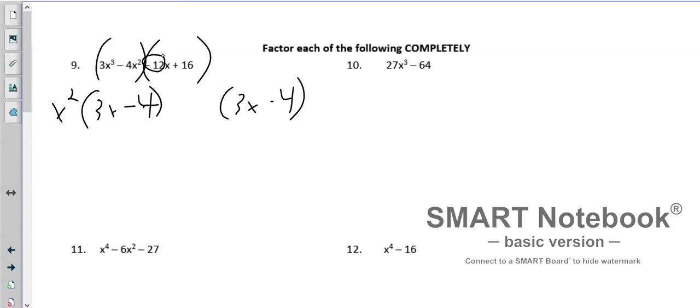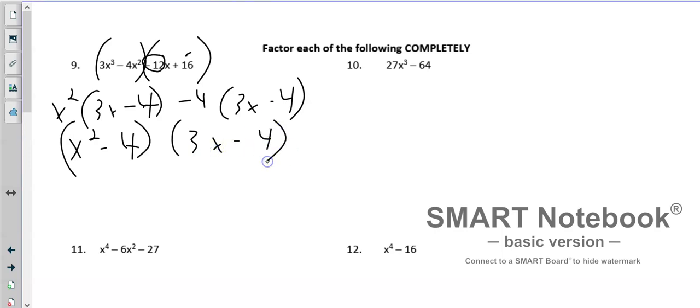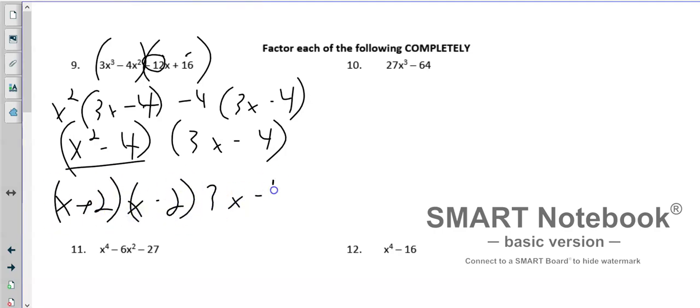Negative 12 divided by 3 is negative 4. Also, negative 4 times negative 4 is 16. So I write x squared minus 4 times 3x minus 4. But I'm not done yet because this is a difference of squares. So I keep going. X plus 2, x minus 2, 3x minus 4.